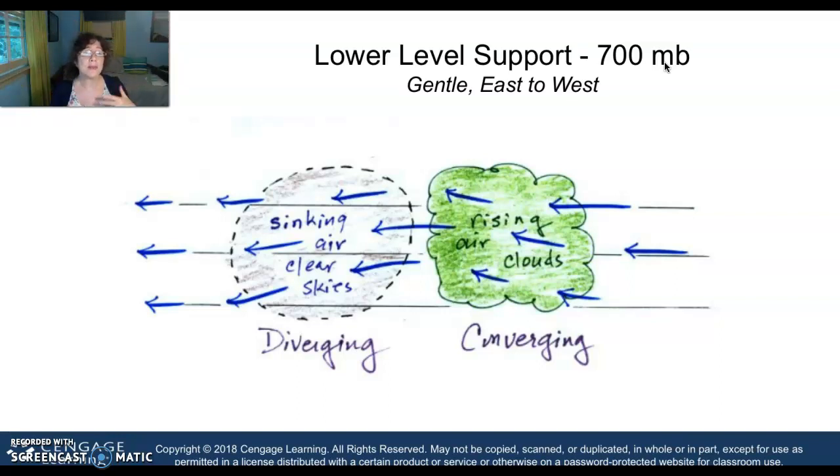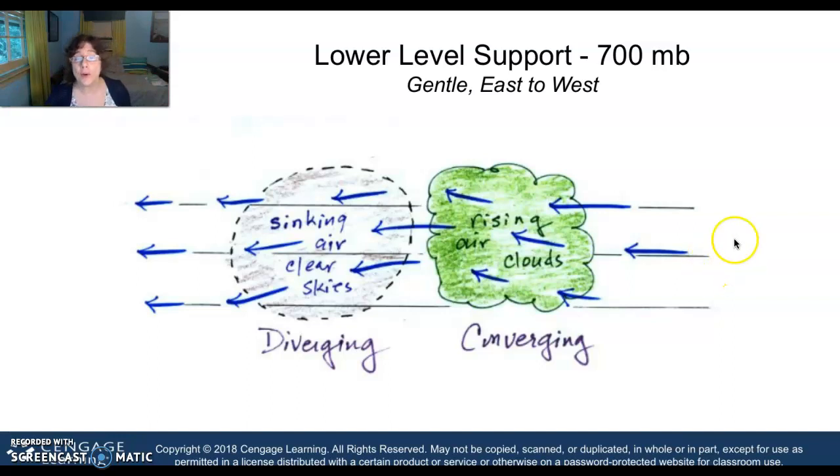When we're looking at 700 millibar levels, we're around 2,000 meters up, so not nearly as high. At this area, you have that gentle trade wind action that is moving from east, from Africa, to west in the Caribbean.